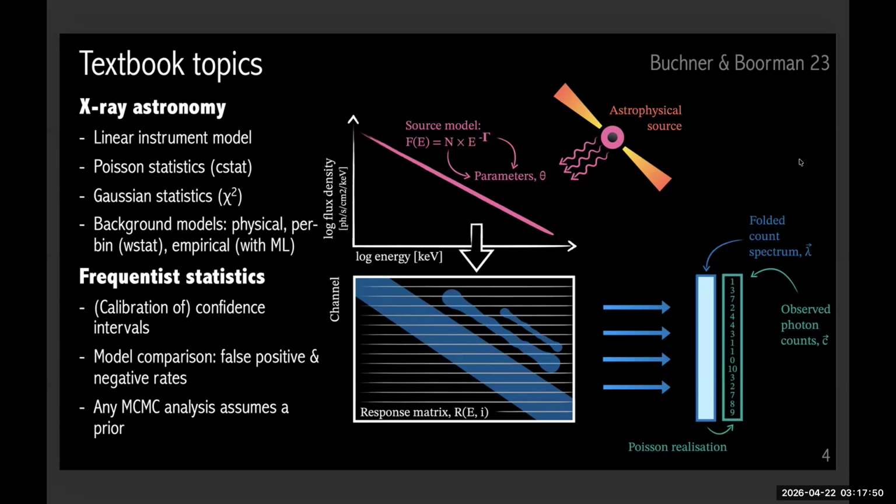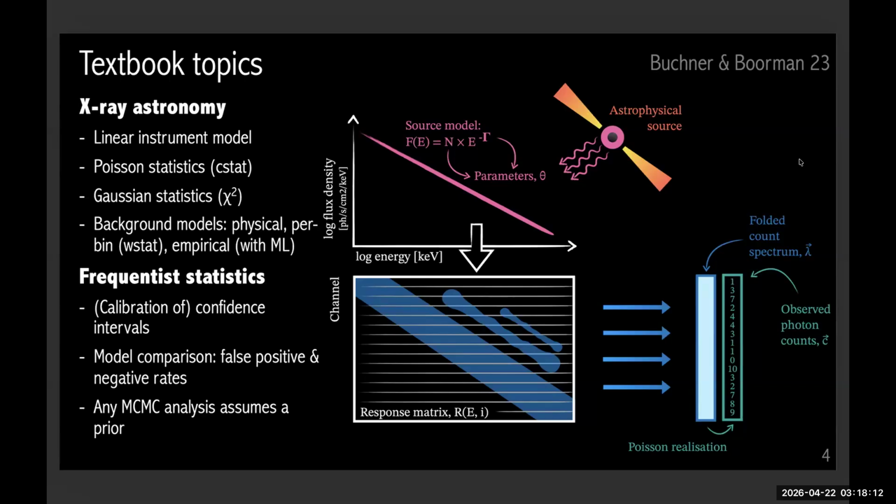More about model comparison, so how to calibrate false positive and false negative rates when you're using a particular threshold, whether it be a more conventional likelihood ratio or later on things like the Bayes factor, in terms of selecting one model over another, how often you would get that selection wrong, and you can do that by calibrating with simulations.